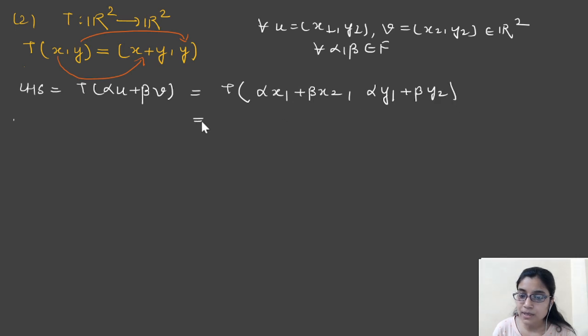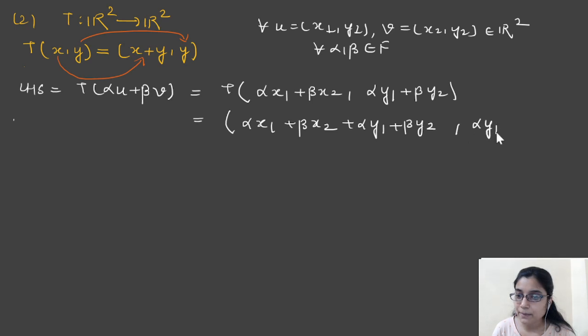So how is this being mapped? The first component we get after mapping is the sum of both the components, so that is alpha x1 plus beta x2 plus alpha y1 plus beta y2, and the second component is mapped as it is, alpha y1 plus beta y2, so we just mapped it like this.